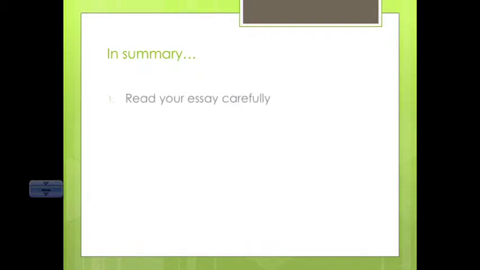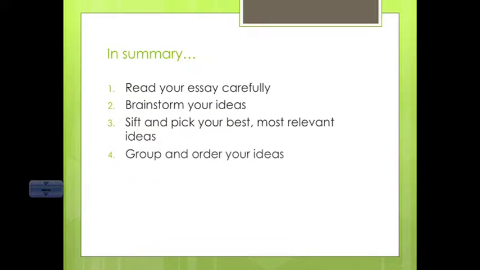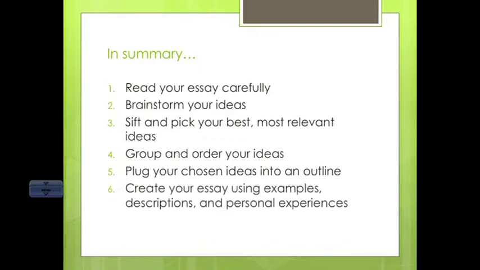Now, in summary, we talked about reading your essay carefully, brainstorming your ideas, sifting and picking your best, most relevant ideas, grouping and ordering your ideas, plugging your chosen ideas into an outline, and lastly, creating your essay using examples, descriptions, and personal experiences.